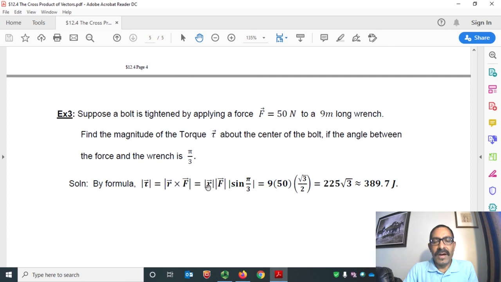We know the magnitude of r is 9, the magnitude of F is 50. We know sine pi/3 is radical 3/2. Then after simplifying, this gives us about 389.7 joules. Awesome. So we finished the cross product of vectors today.